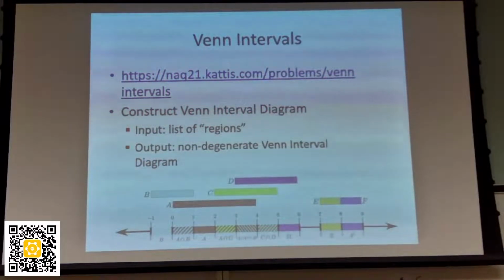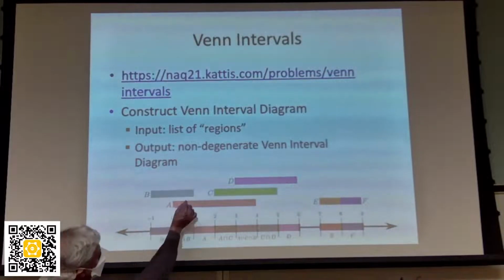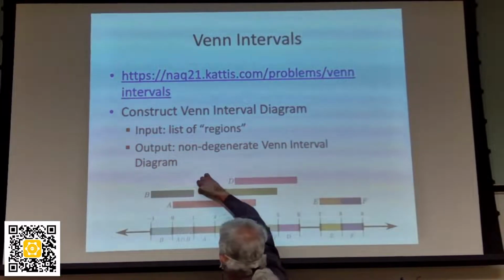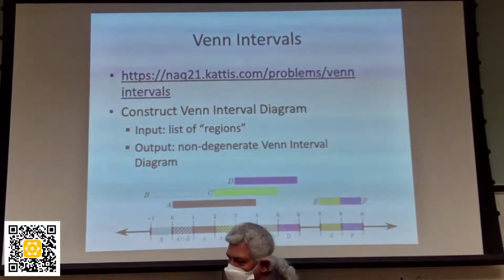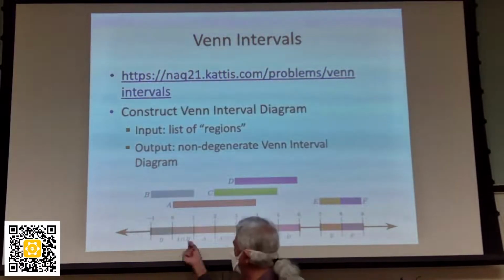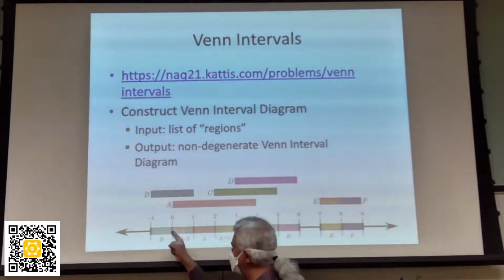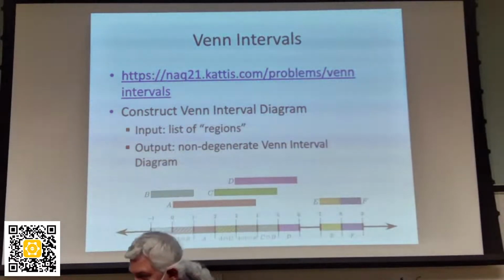So it's really the order of start points, left endpoints and right endpoints that you want. If this end of B moves a little bit, it's not going to change the regions per se. It might change the region boundary, but it's not going to change the order of the regions that you get, right?